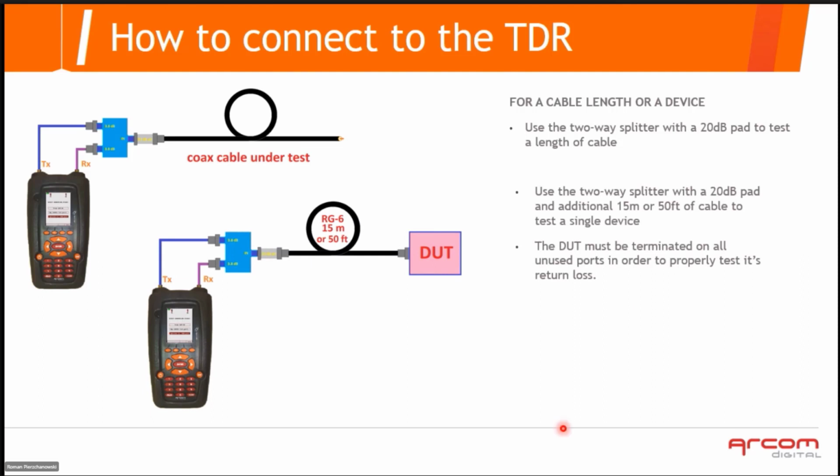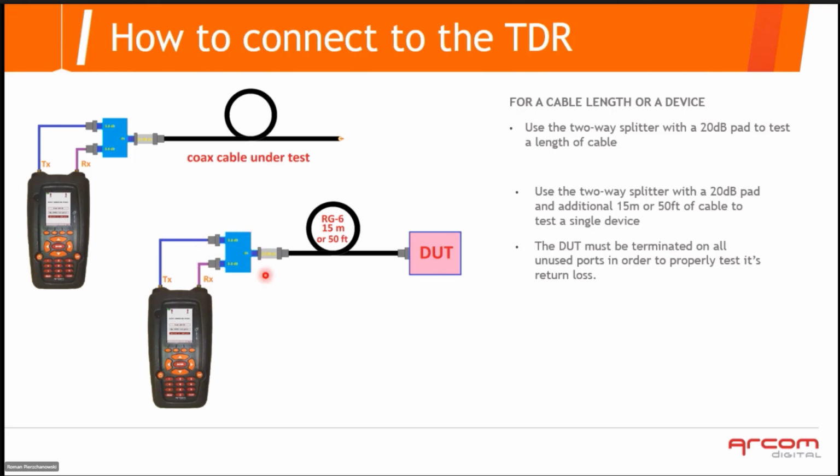And a single device can be also tested for return loss, but you need to use launch cable. Here is either 50-foot distance or 15 meters. And remember that this launch cable cannot be these two cables, two jumpers, because they will go out of equation.